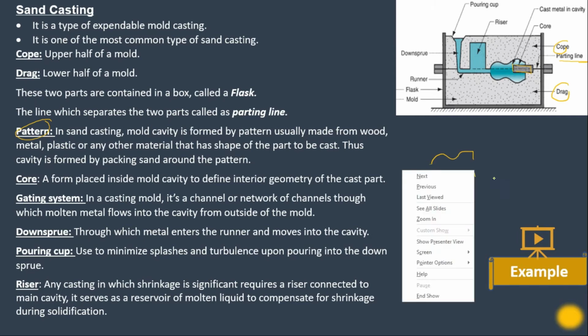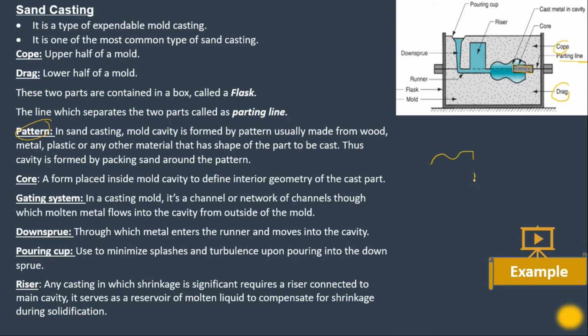Obviously it's not accurate, but it is a solid part, and you can see some vacancy here. So this is the purpose of the core. It is used to make the internal geometry of the part. So the core is placed inside the mold cavity like this one.